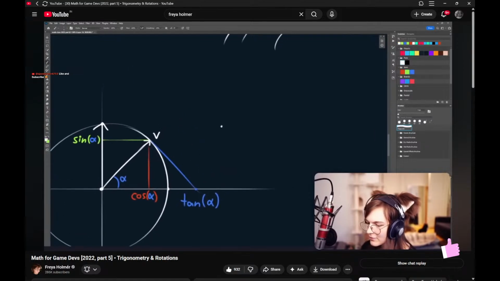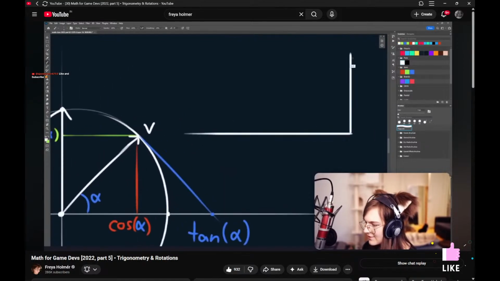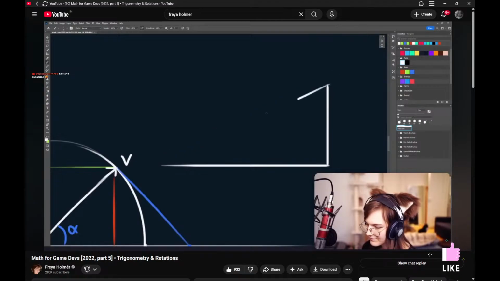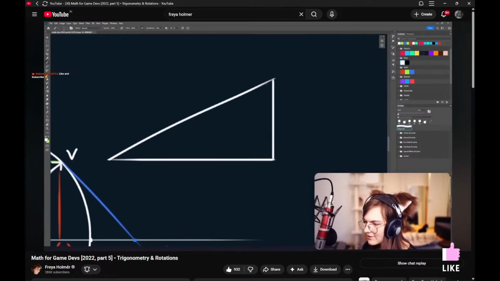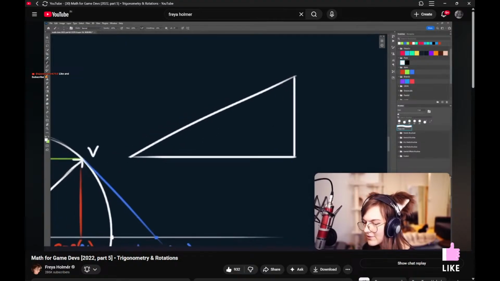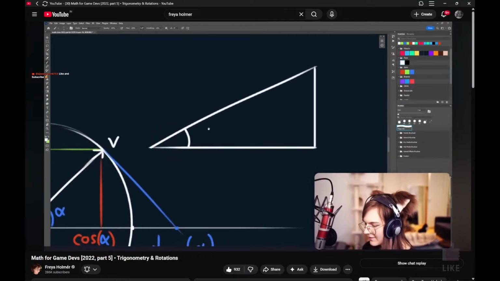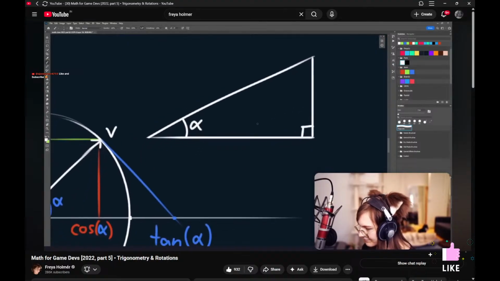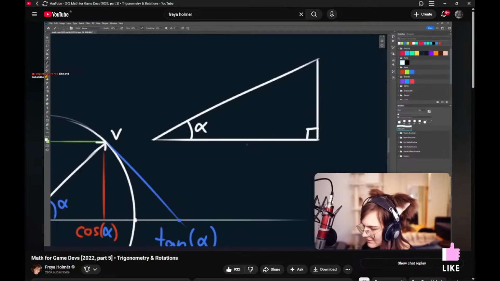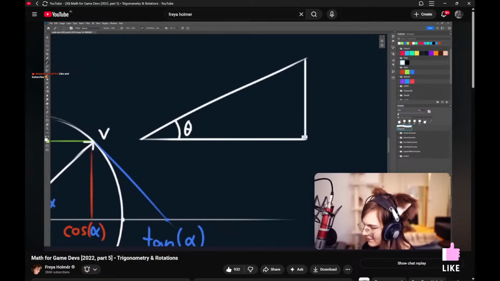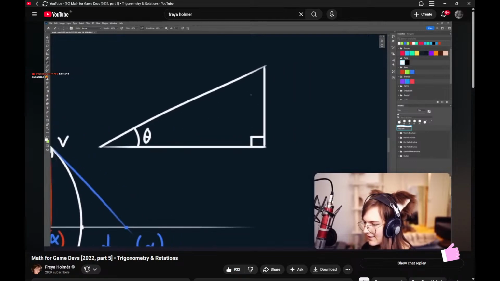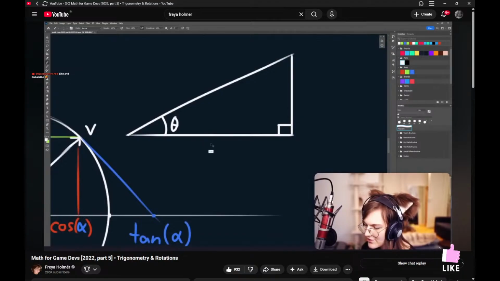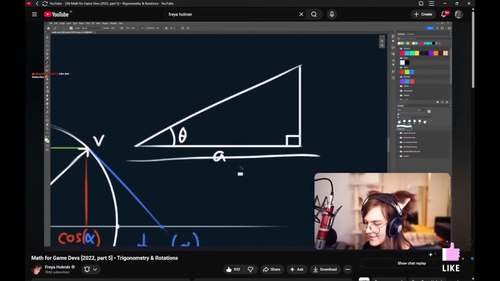Quite often you end up with situations where you have some right angle triangle, and you know some things about it. Maybe you don't know everything. Maybe you know this angle, let's call that theta, and maybe you know how long the adjacent side is.